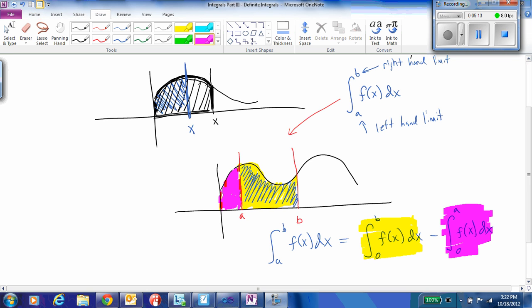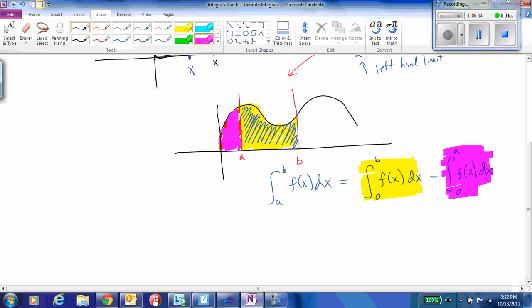That makes it a little bit clearer, but not entirely. So if we took the original yellow area minus the pink area, that leaves us with this cross-hatched blue area. So a definite integral is the area under the curve bounded by the axis, starting at the left-hand lower limit and ending at the right-hand upper limit.